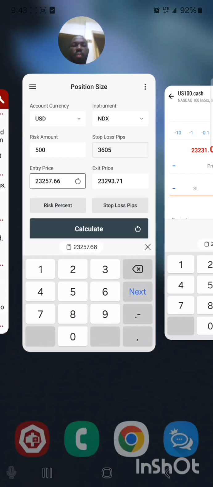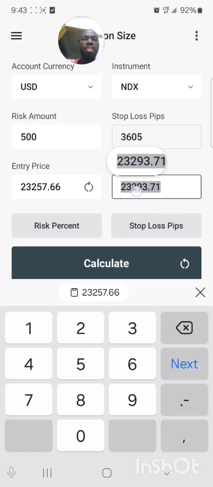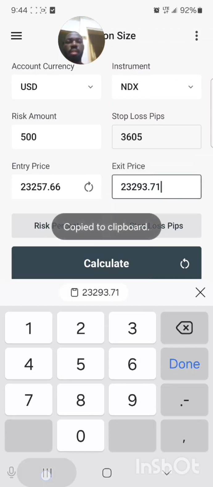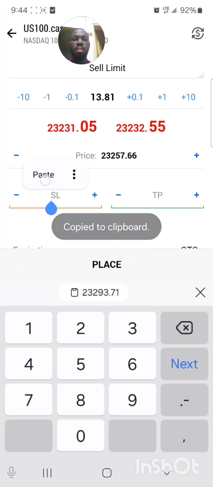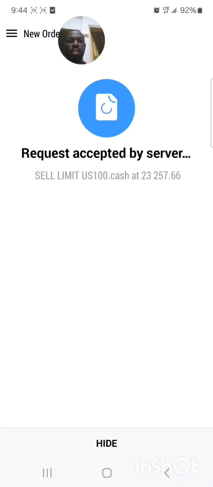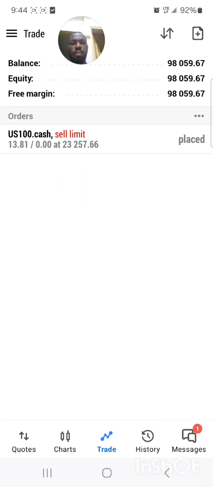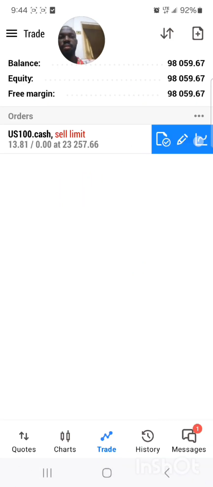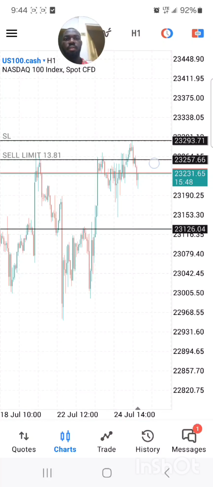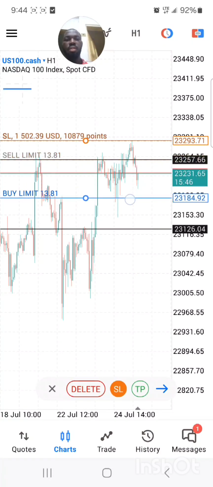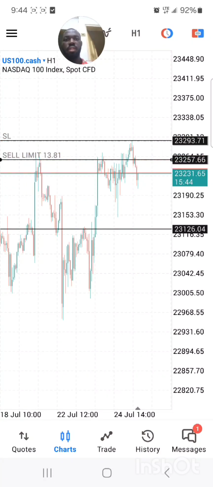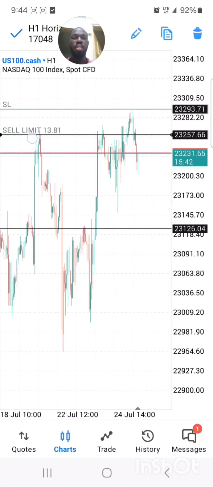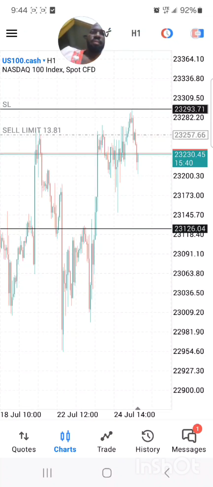Then the stop loss is going to be this. All we're trying to calculate is the stop loss we're using. So this will be the stop loss. Don't place. Now the trade is set. You can also see that the trade is already set. So I'm trying to delete the lines. So delete.